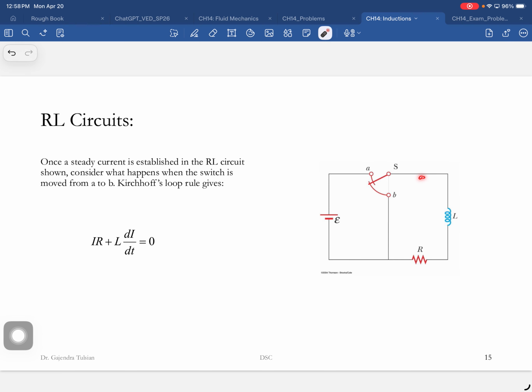So the current was going like this, and when you flip the switch, this current tries to go to zero, but this guy has some stored energy, and he will keep driving a current like that. So the current won't go to zero instantly. He'll drive a current as long as he has energy stored in him, and then once he uses up all the energy, the current will go to zero.